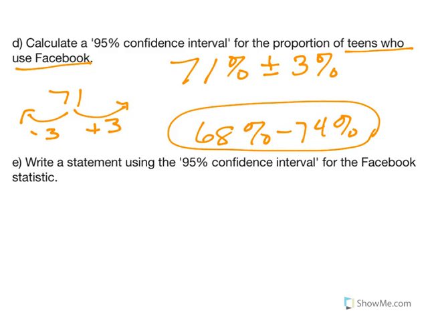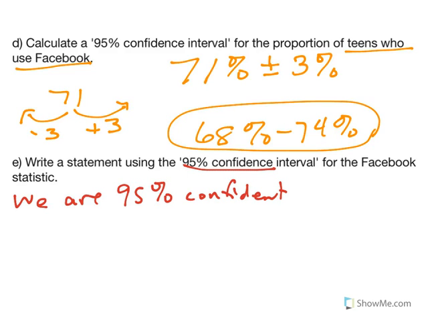And now I write a statement. And these statements are very much, in my personal opinion, like Mad Libs. So we start, we are 95% confident, and we get that from the confidence interval. 95% confident, what are we confident about?